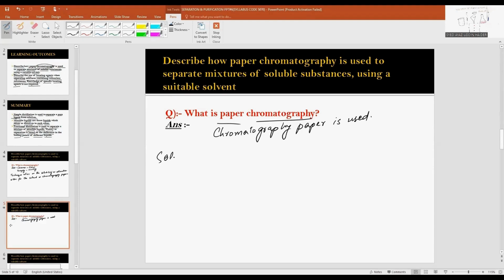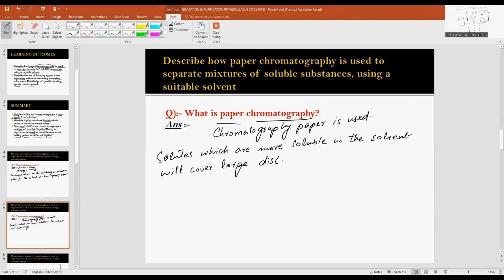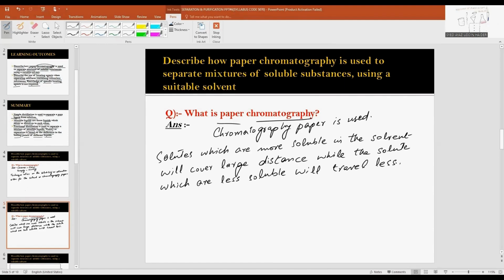Solutes which are more soluble in the solvent will cover a large distance, while the solutes which are less soluble will travel less or cover less distance.